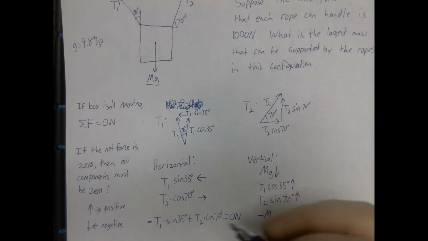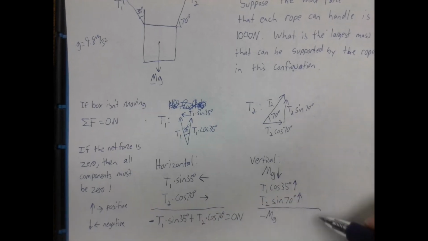Negative mg plus T1 cosine of 35 degrees plus T2 sine of 70 degrees has to equal 0.